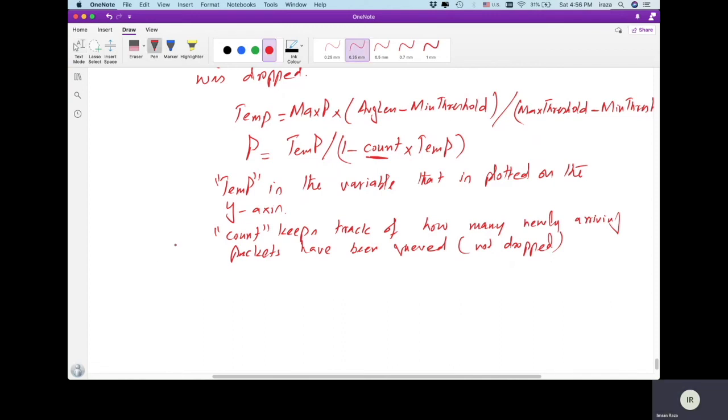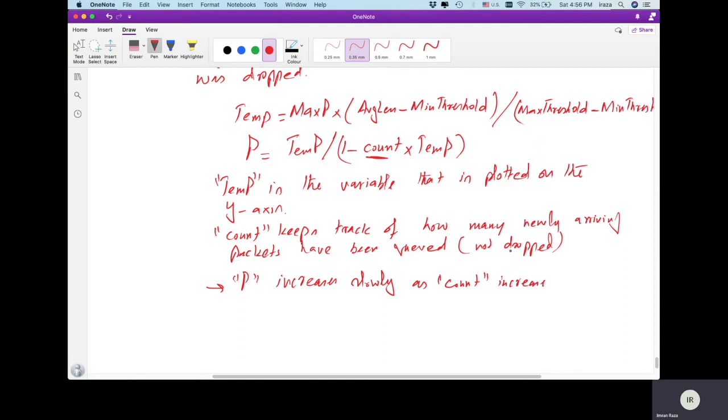So it's very important to note that the probability P increases slowly as count increases. Why?